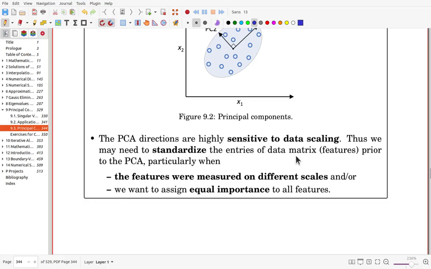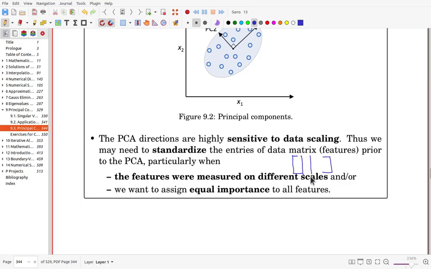Okay, let's see this example. For the data matrix, for example, in one column the entry values may be on the order of 1. For another column, the entry values can be on the order of 1 million.